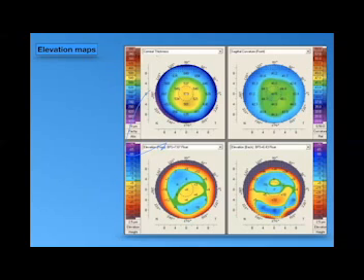If the K reading is regular, the bowtie is regular, and the K reading is within the normal range, which is up to 49 according to some authors and publications. Others may follow 48, but I'm with the school that follows 49.